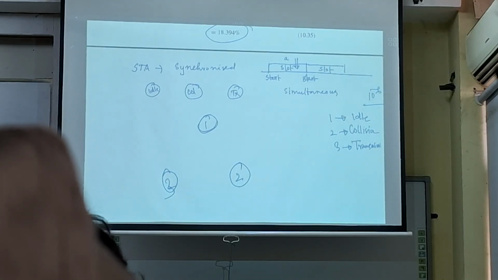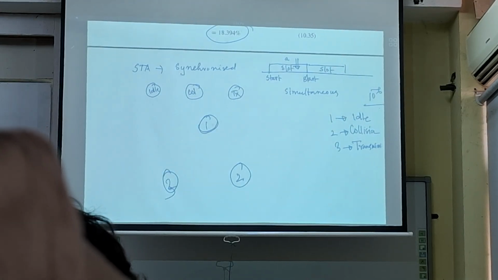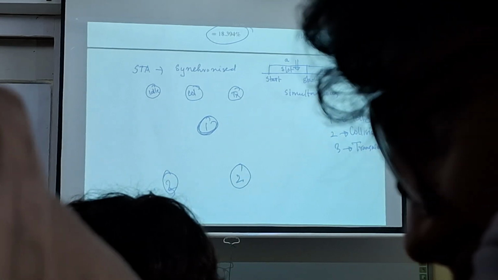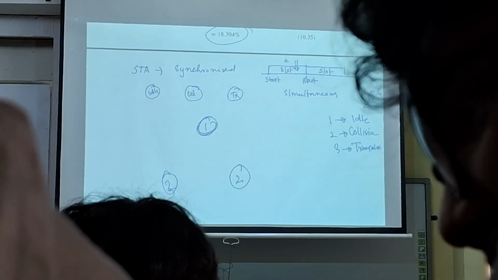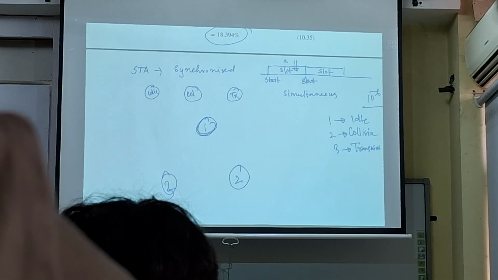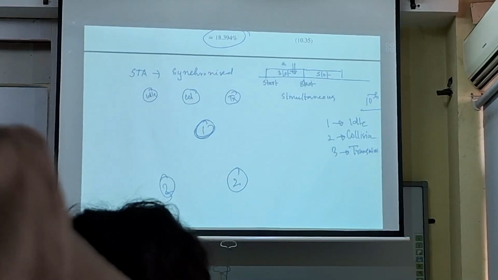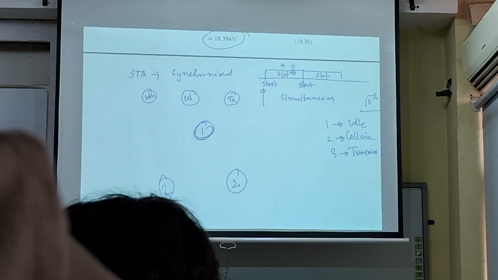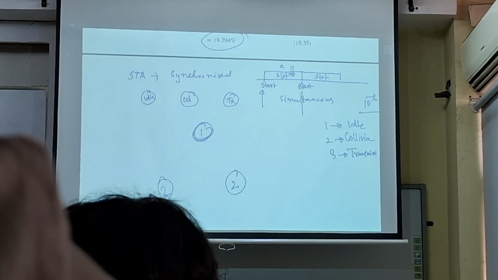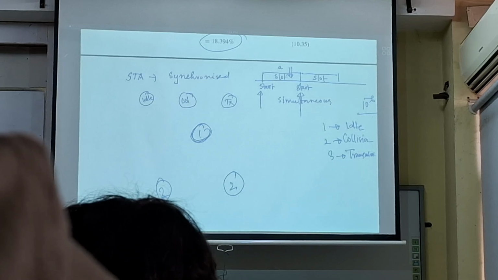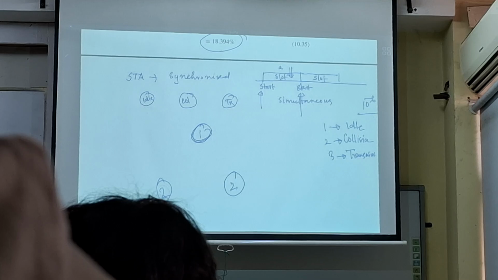So, when the network is in state 1, that means when the network is in idle state, will it be idle in the next slot? What is the probability that it will be idle at the beginning of the next slot? Why? If no packets arrive in any of the n stations, and that occurs with the probability what?